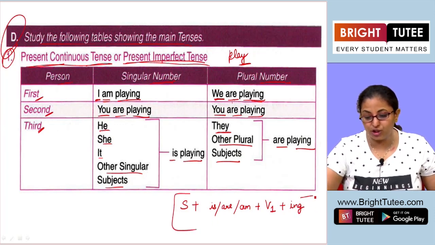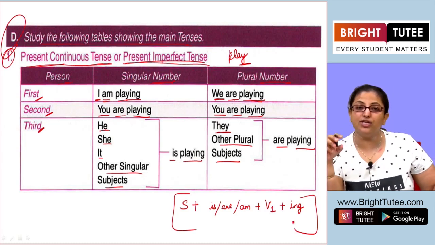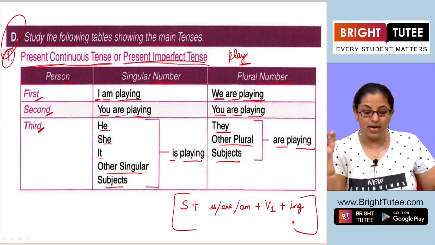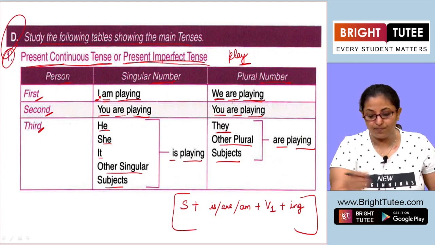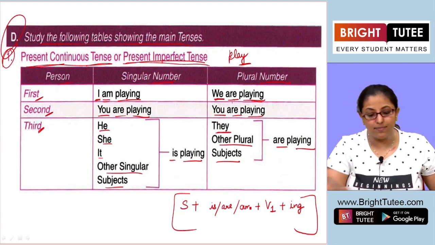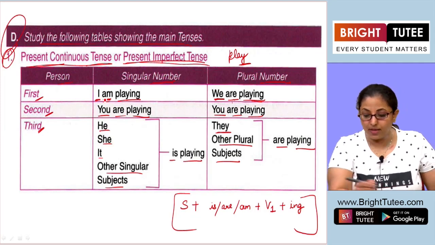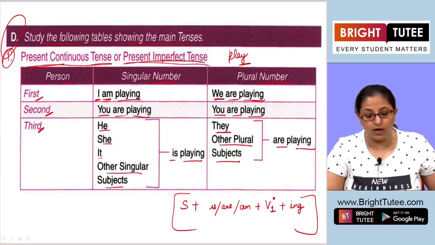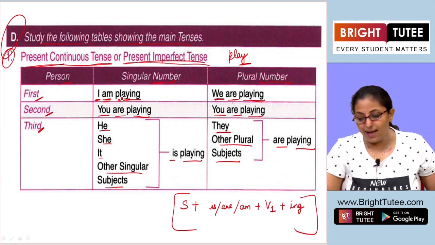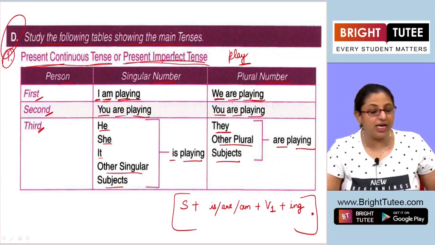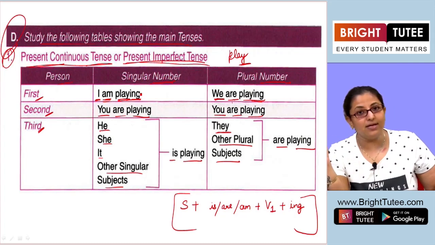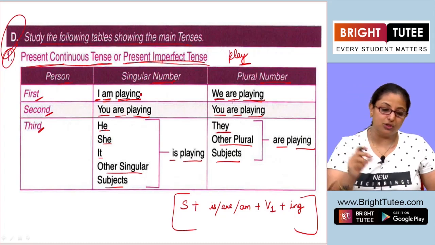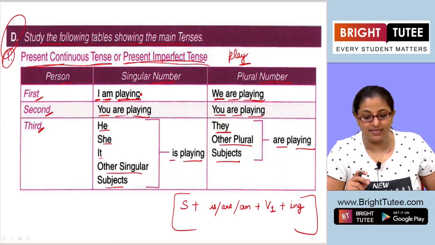This is the structure of a present continuous tense sentence. Example, subject I, is, are, am. So we have used am. First form of verb play plus ing, I am playing. Alright, so this is present continuous tense.